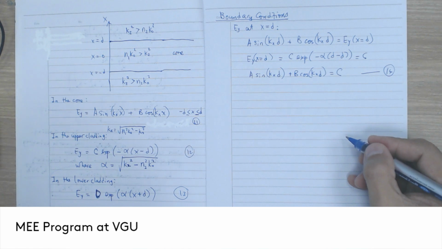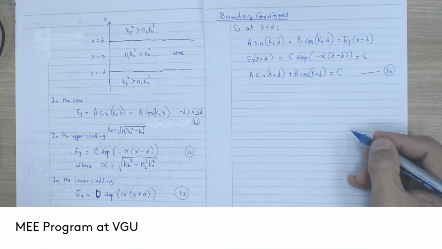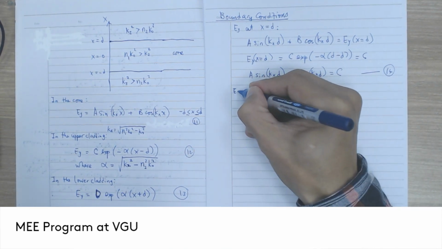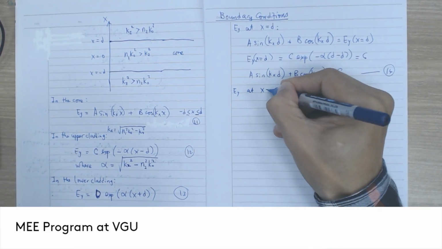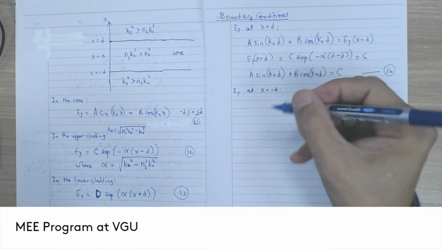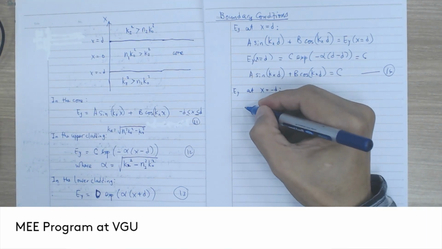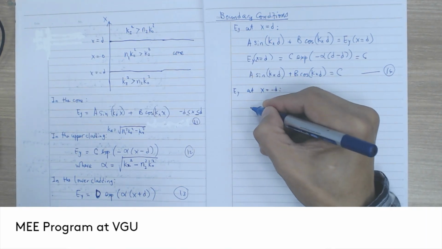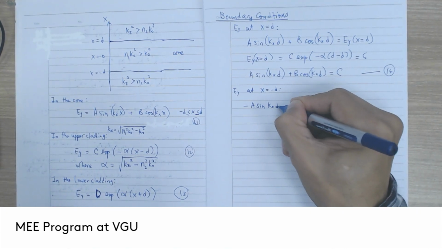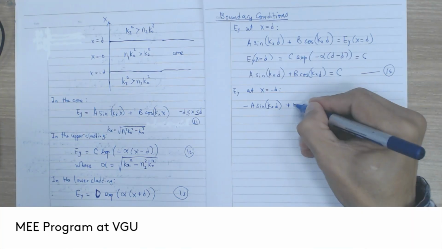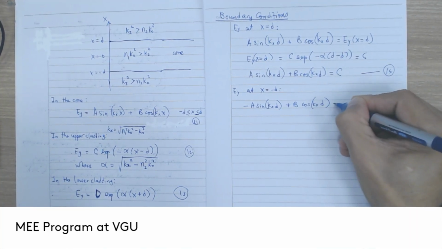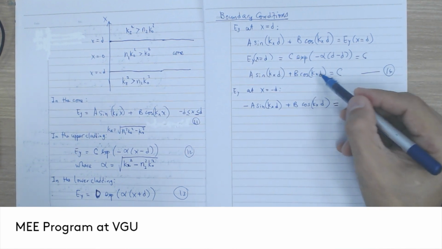In the same manner, we can also find the boundary conditions for x equal to minus d. If you go through the same analysis, we get minus a sine kx d plus b cosine kx d, and I'm not going to go through all the analysis.